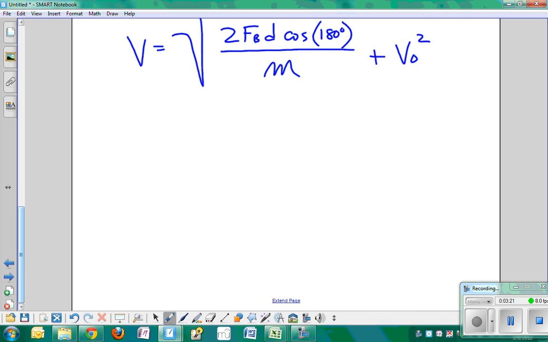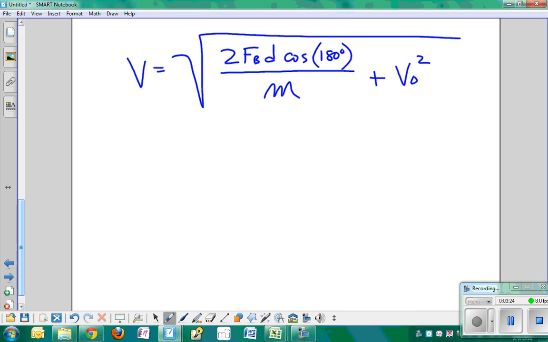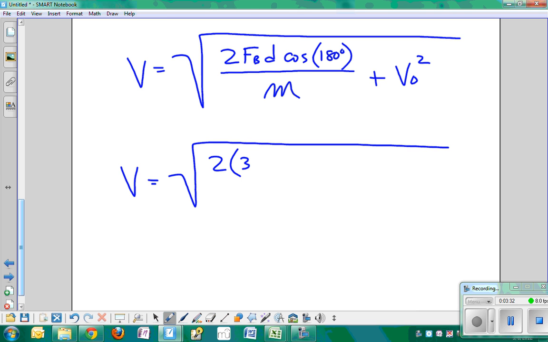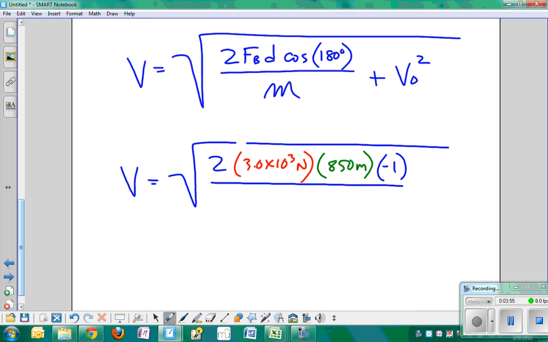So there it is algebraically. So we're solving for any problem of this type. Now we'll go ahead and put in the specific numbers that we used for this one. Velocity is equal to the square root of force of the brakes, 3.0 times 10 to the third newtons, times our displacement, which was 850 meters, times the cosine of 180 degrees, which is -1, over the mass of the truck, which I gave as 4.0 times 10 to the third kilograms.